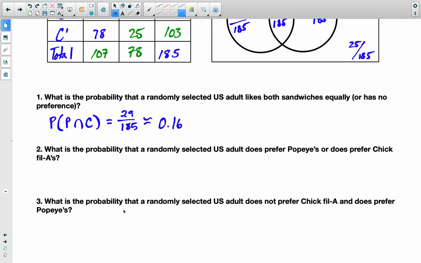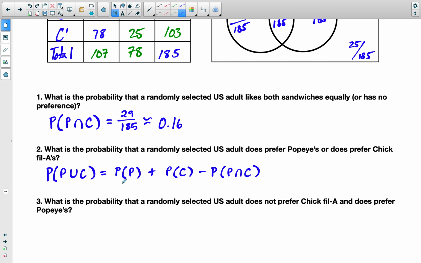All right, what is the probability that a randomly selected U.S. adult does prefer Popeyes or does prefer Chick-fil-A? Again, that's a union. It's going to be the probability of Popeyes plus the probability of Chick-fil-A minus the probability of both, so those people aren't counted twice.